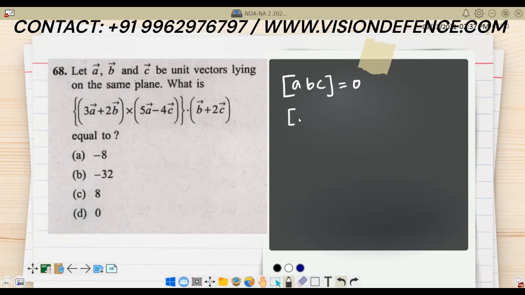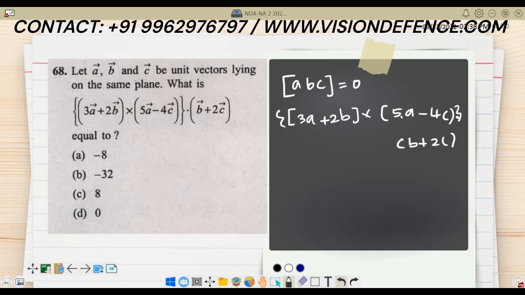So we are going to find (3A plus 2B) cross (5A minus 4C), this whole thing dot (B plus 2C). Of course, this might look like a big problem, but it's not. It's very easy to understand, just involving simple vector calculus.